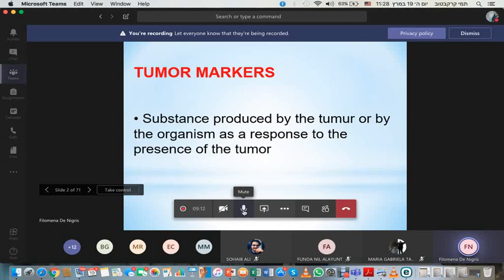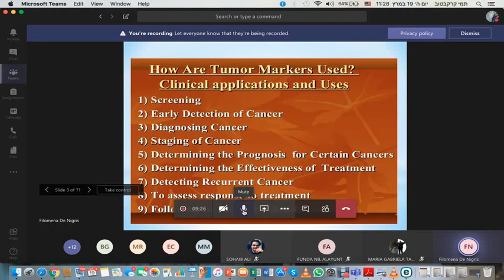Tumor markers are any kind of molecules produced directly by the tumor or by our organism in response to the tumor. Which kinds of tumor markers do we have and how can we use them?